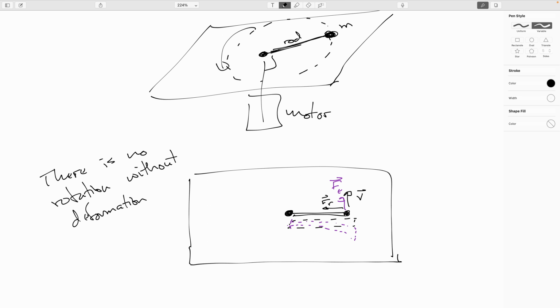It got longer in order to allow this mass to go around in a circle, and it curved back a bit in order to speed up the mass at the end of the rod. Now, it'll turn out that in practice, a lot of times you can pretend that this deformation didn't happen for computational purposes, but this is indeed physically what's happening.